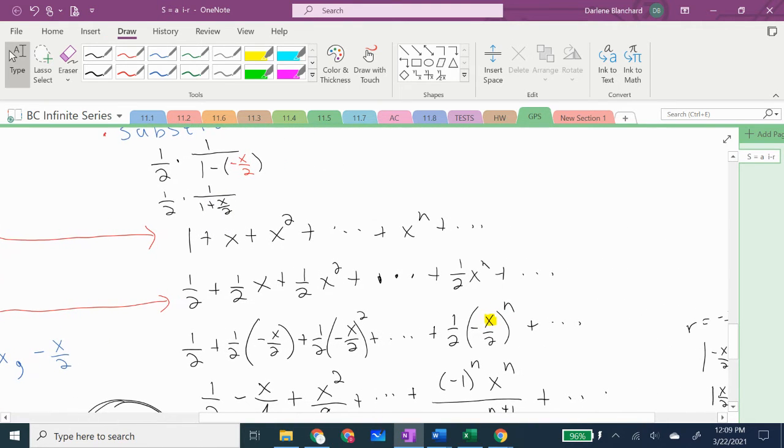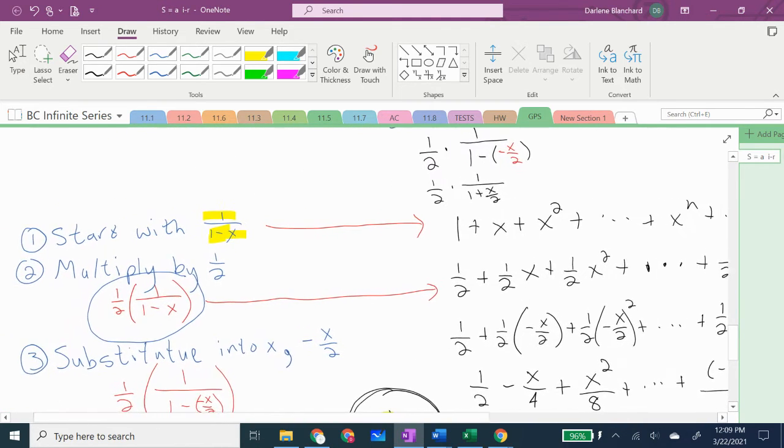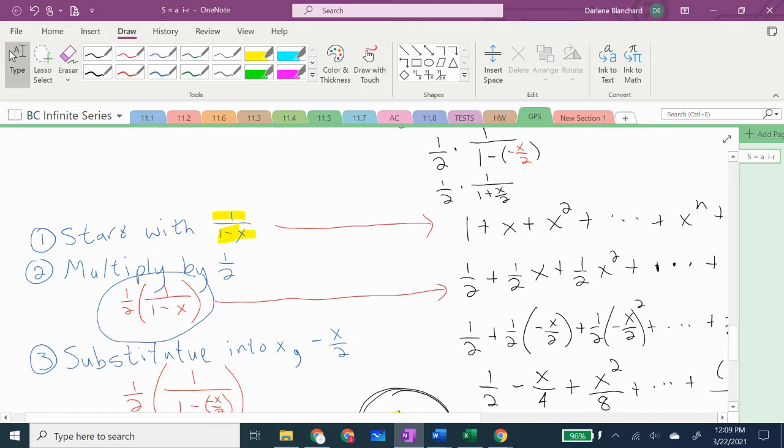So I'm taking every term of the series that I know, and I'm just multiplying a 1/2 all the way through. Then I want to substitute into the x's that I have in this previous problem right here, a negative x over 2.